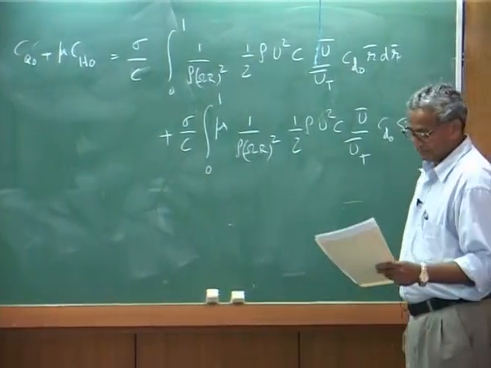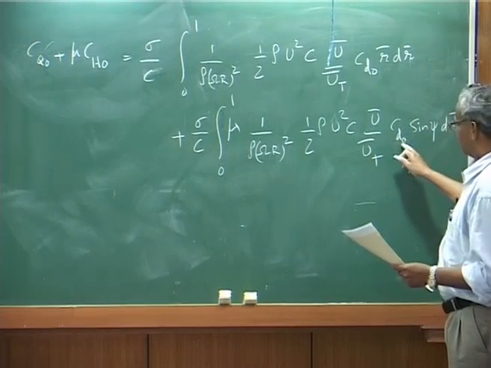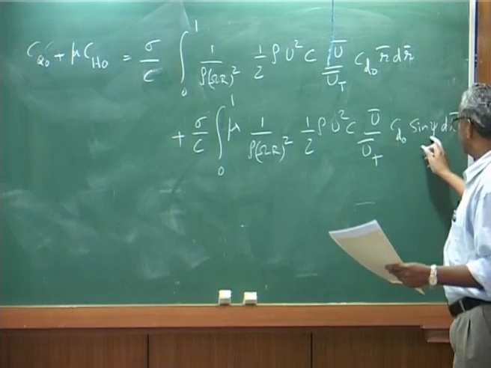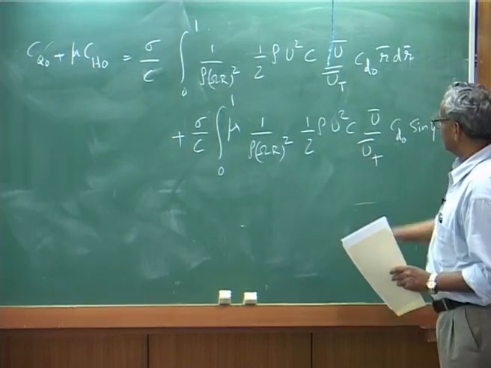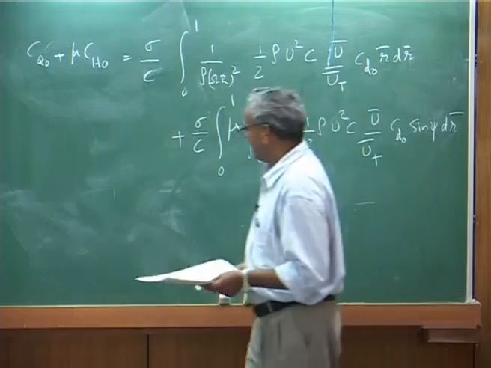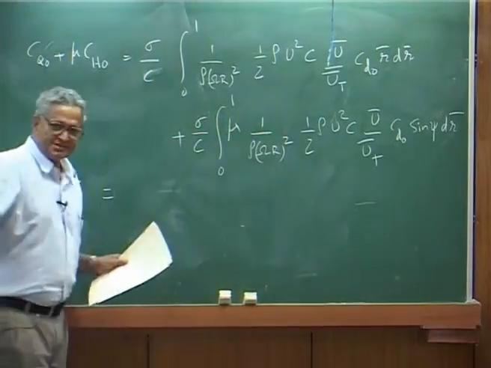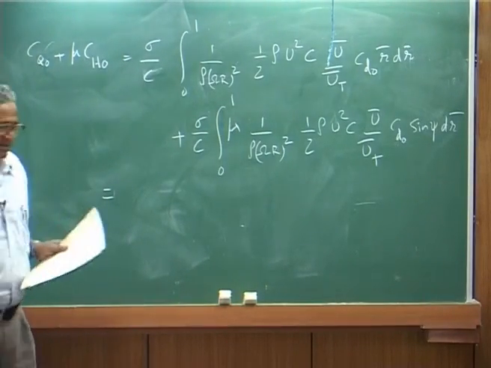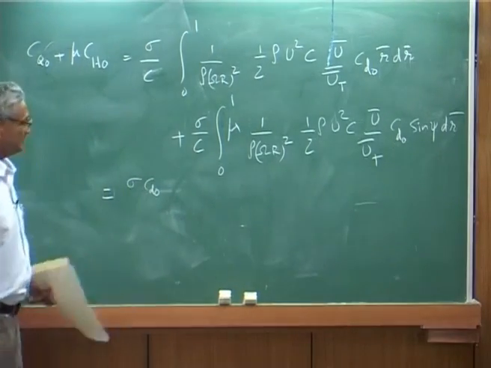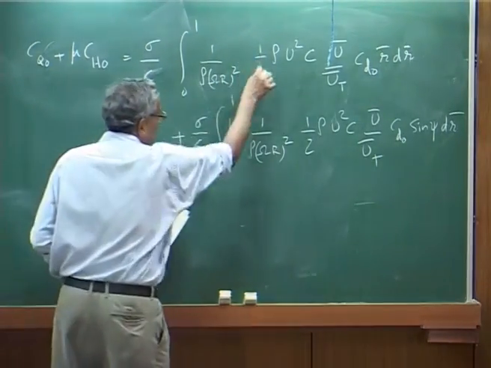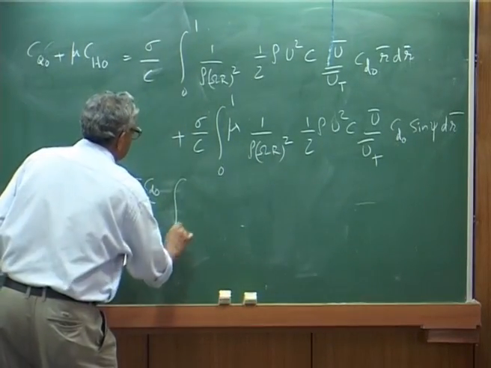Now, what you do is you combine both of them. Here you will have mu sin psi, and you can now make it in a different form. I will write sigma, you take out C_d as though it is a constant, C_d0, and there is a half, so I am taking that half outside, 0 to 1.